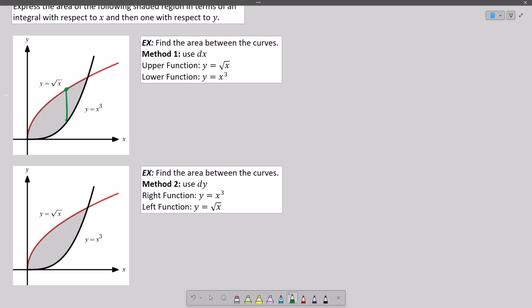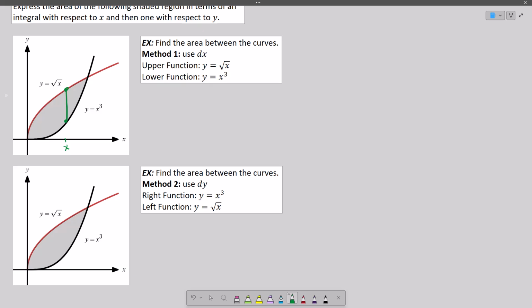So I'm doing it vertically. I'm thinking of that as a representative rectangle, a representative integration element, however you want to think of that. And as soon as you draw that vertical rectangle, you're thinking the thickness is dx, so you know you're integrating with respect to x. As soon as you draw that integration element, that rectangle, you know whether it's a dy or a dx. Horizontal dy, vertical dx.